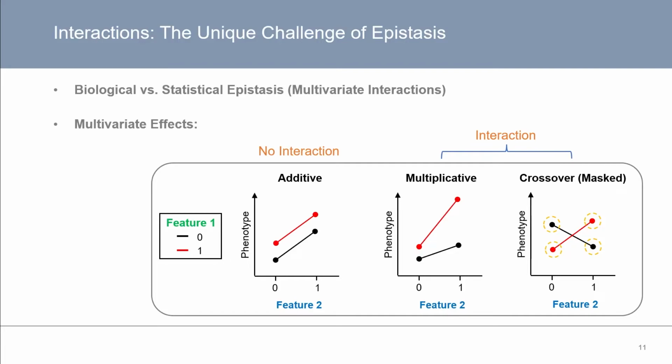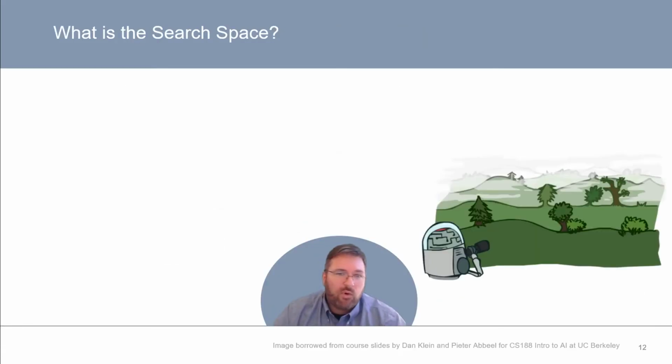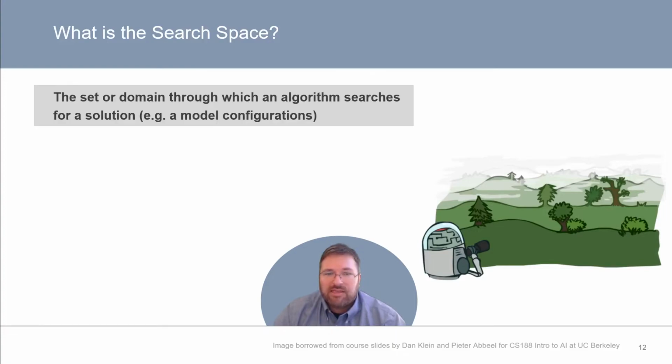Next, let's dive a little deeper into how complex associations such as epistasis can make data analysis and machine learning more challenging. However, before we do that, let's talk briefly about what a search space is. This knowledge will be useful well beyond our discussion of epistasis. A search space is a set or domain through which an algorithm searches for a solution, for example, searching through different model configurations.